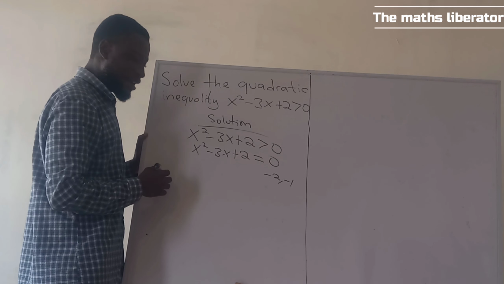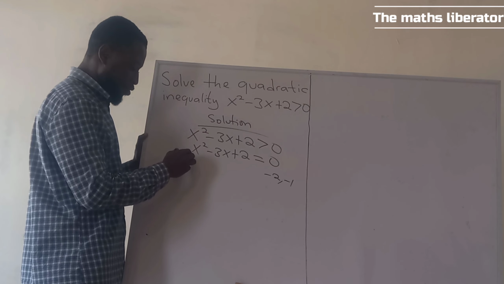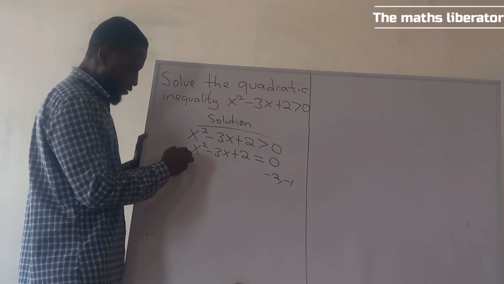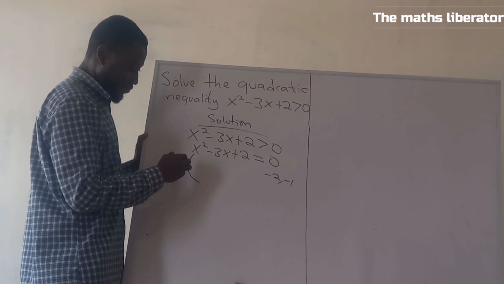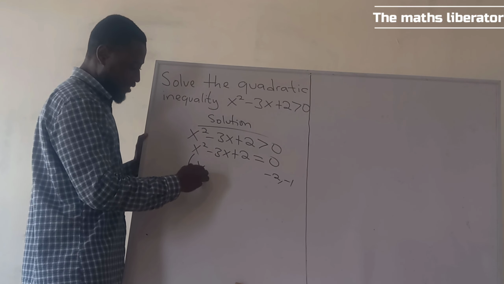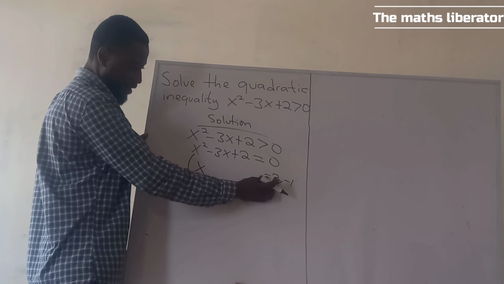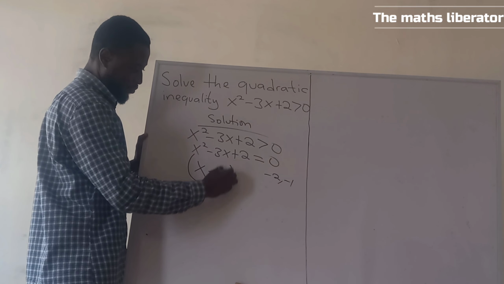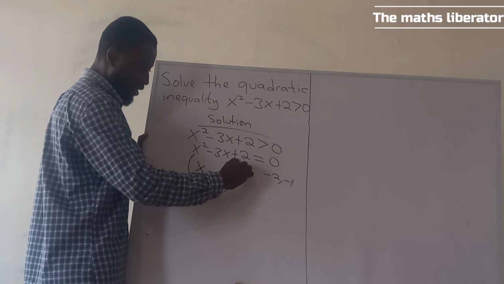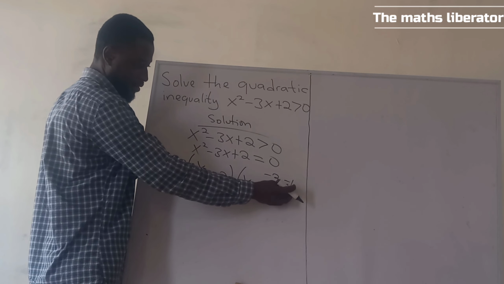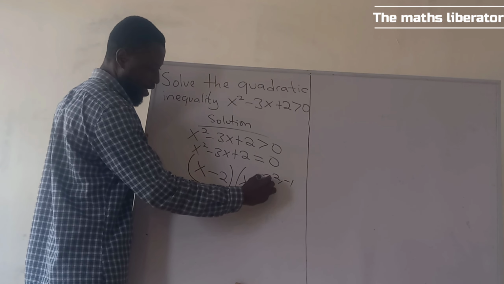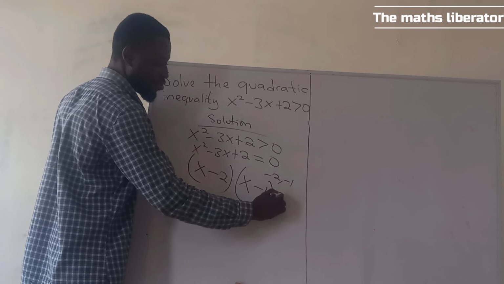Good. Then let's do it in a simple way so that we move fast. So I'll draw my parentheses: x negative 2, and the same thing, parenthesis, x negative 1, equals 0.